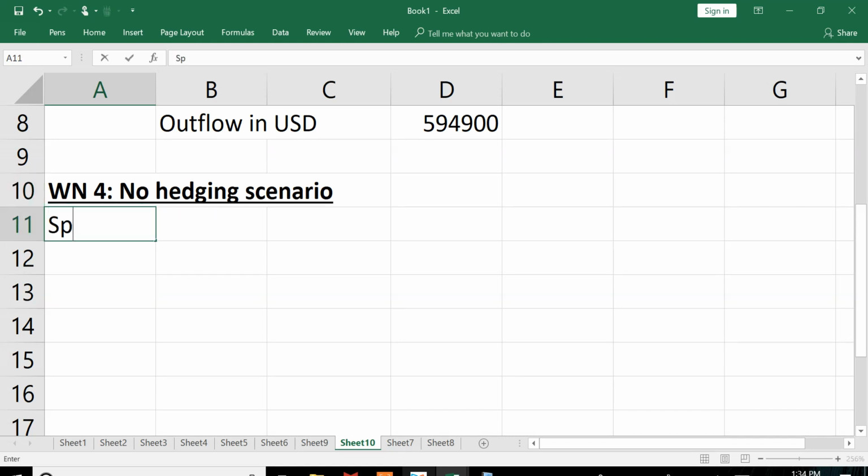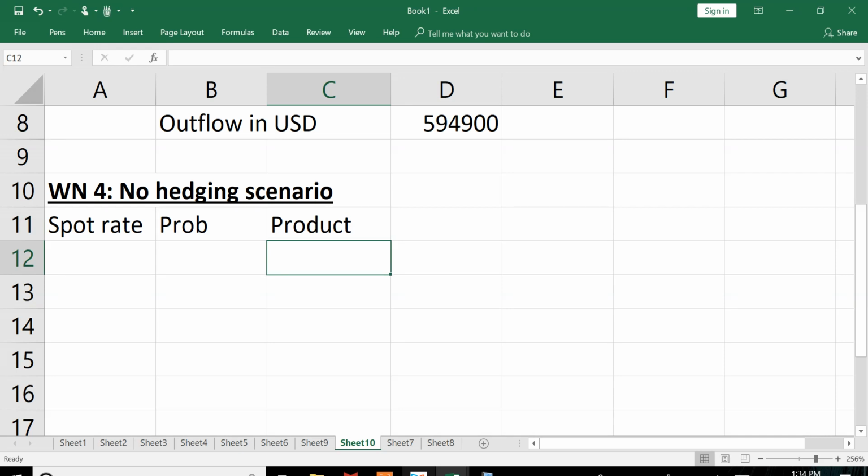Three columns: spot rate, probability, product.